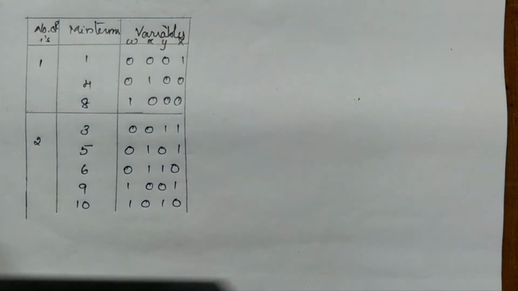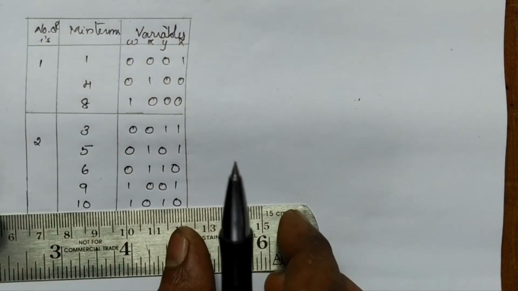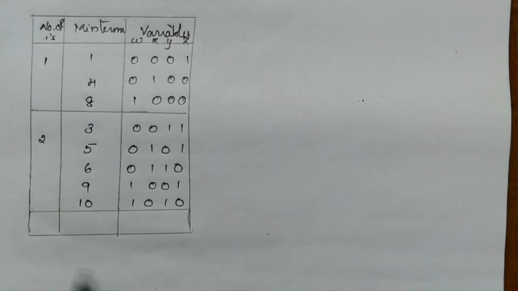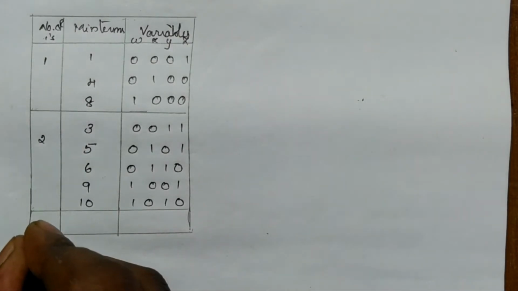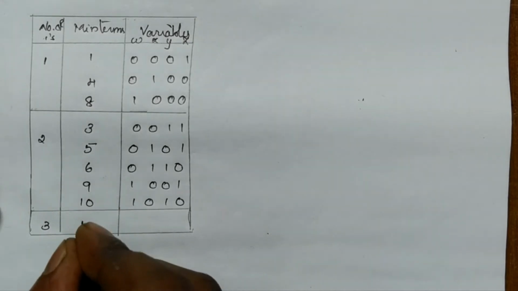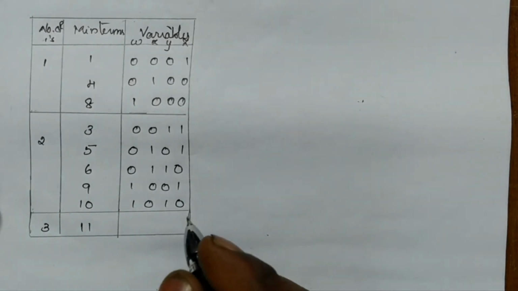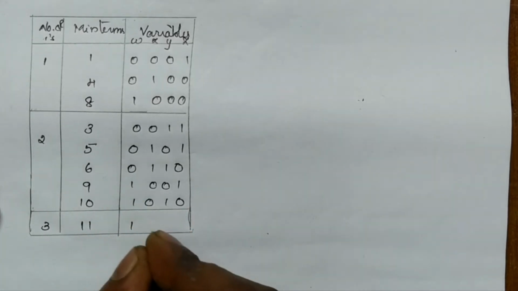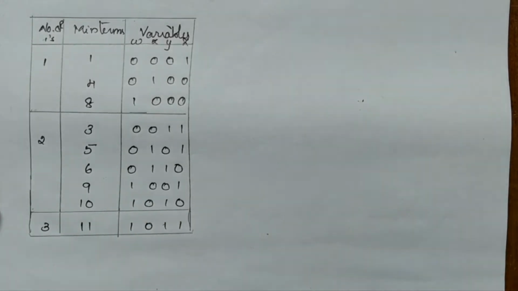Again we can close it. Next we can go for number of ones is equal to 3. Here we have the minterm 11, which has only 3 ones, 1 0 1 1.